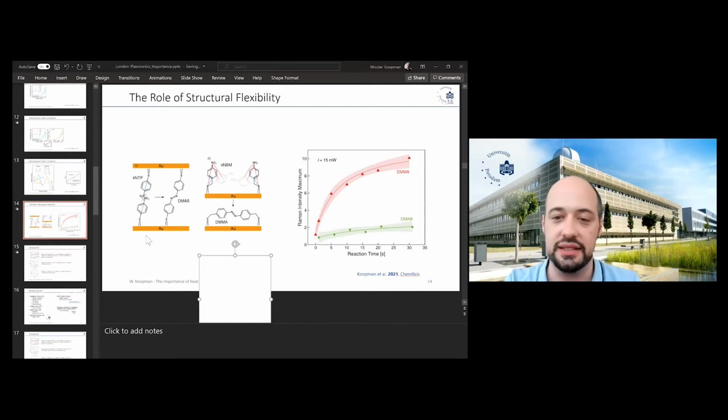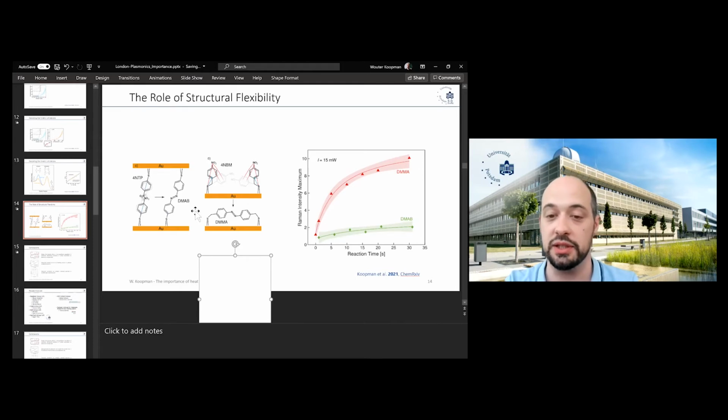So if the activation barrier of electron injection were the limiting factor, we would expect in this experiment that the 4-NBM reaction is a lot slower. But what we see is that the 4-NBM reaction is faster. So obviously the flexibility of the molecule is the dominant activation barrier here, and that's how we rationalize that it's probably this two-step process.